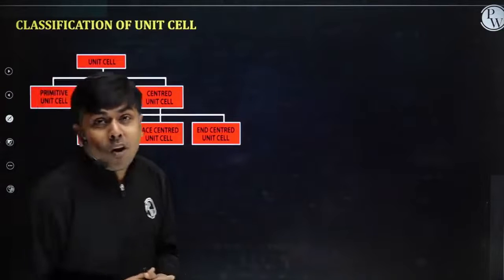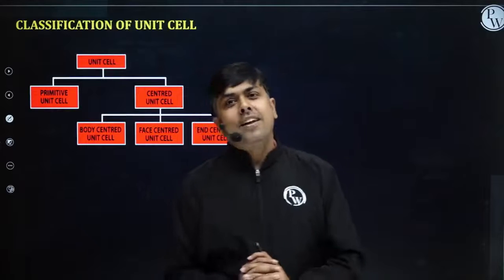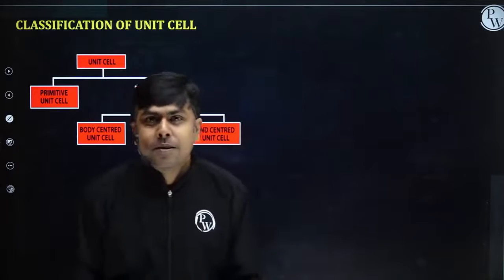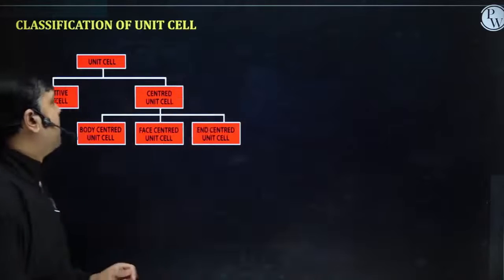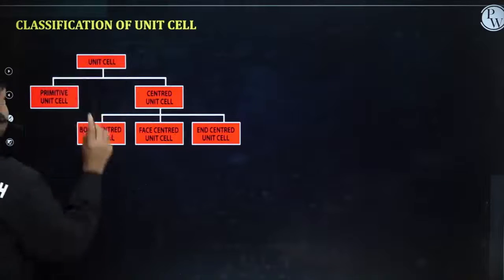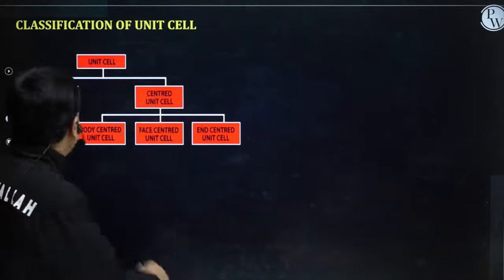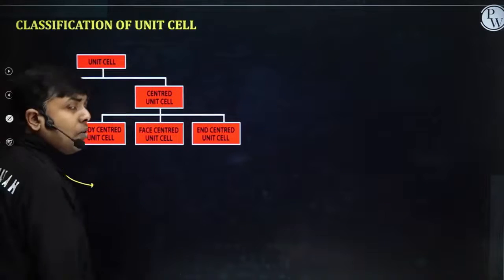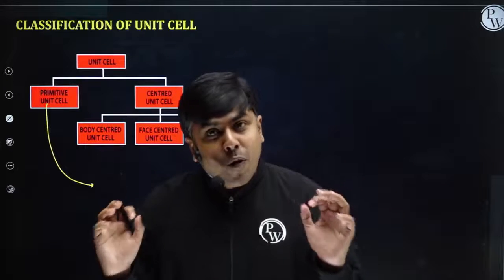Students, the classification of unit cells: they are classified in two categories, primitive unit cell and centered unit cell. In a primitive unit cell, the constituent particles, each represented by a point, are present only at the corners.